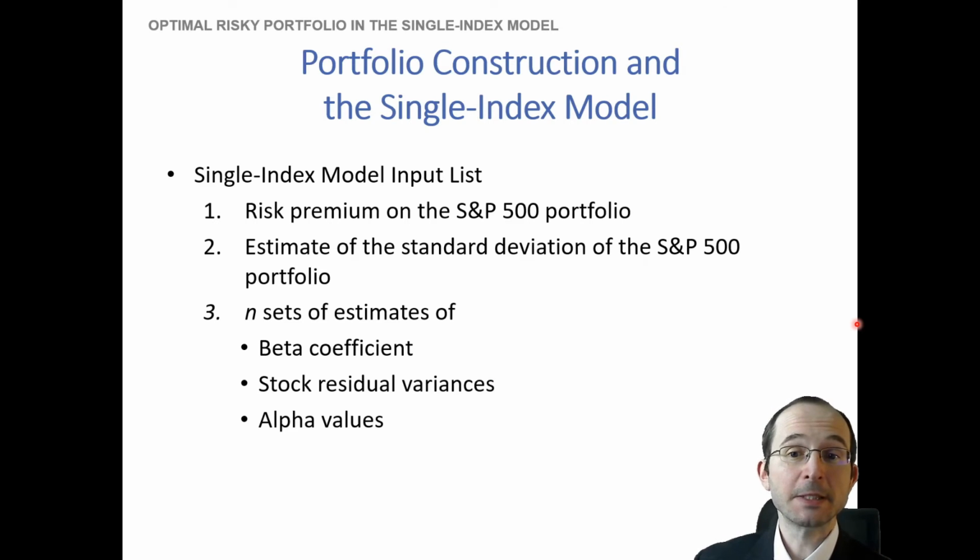And once we have these, then actually estimating the inputs into the portfolio theory model is quite easy. Remember, we want our expected returns, we want our portfolio variance, and we want ideally a Sharpe ratio as the ratio of those two. So how do we get that?